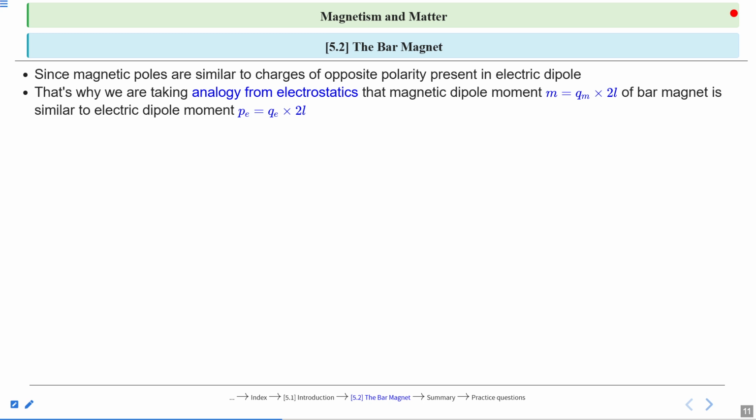The magnetic dipole moment m equal to Qm into 2l of a bar magnet is similar to the electric dipole moment pe equal to qe into 2l. In electrostatics we define the electric dipole moment as charge into 2l. Similarly, the magnetic dipole moment is m equal to pole strength Qm into the distance between the poles 2l.